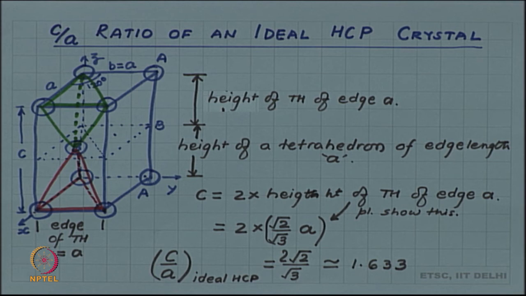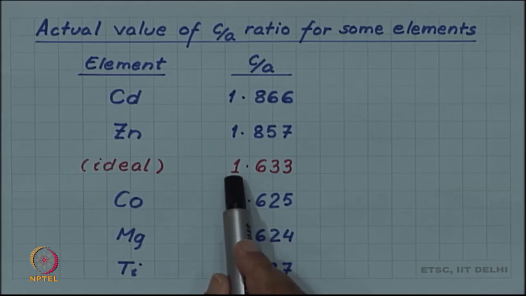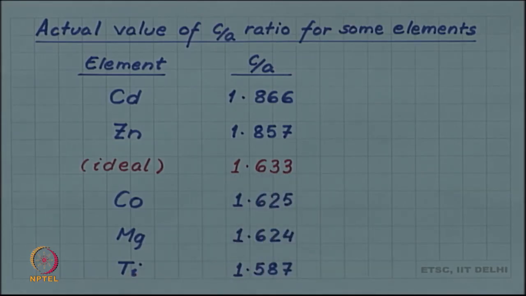So, let us look at the values of C by A ratio in actual elements. So, the ideal value is shown here, 1.633. You can see that some elements like cadmium, zinc have values significantly higher than the ideal value. Cadmium has 1.866, zinc is 1.857.